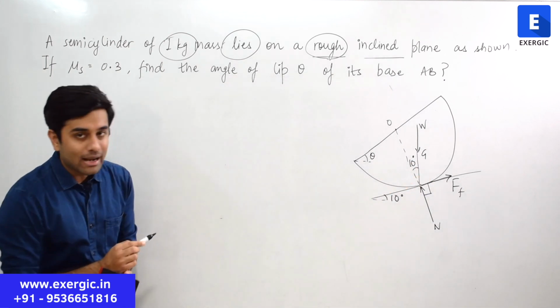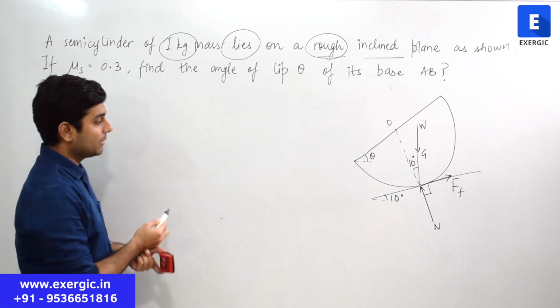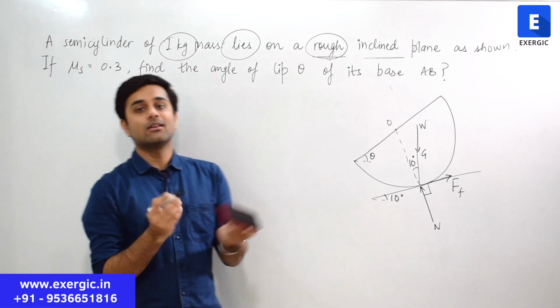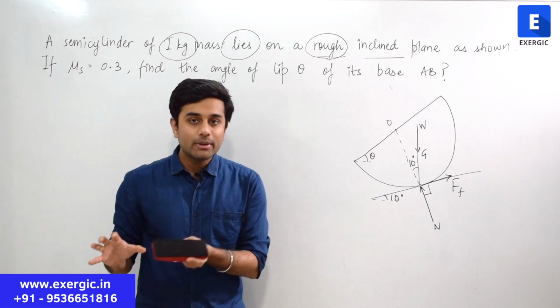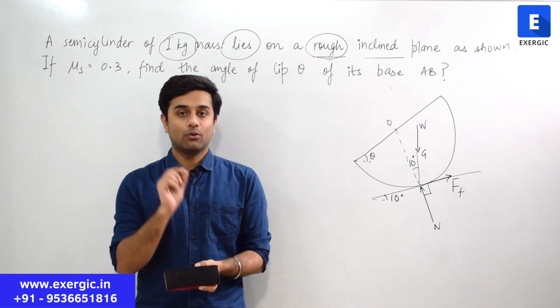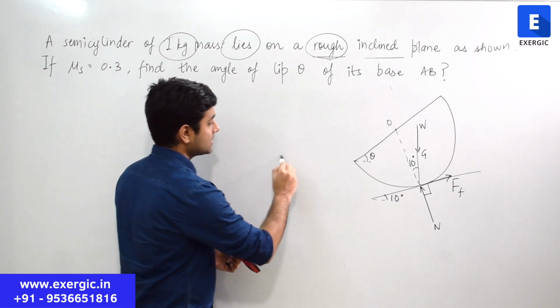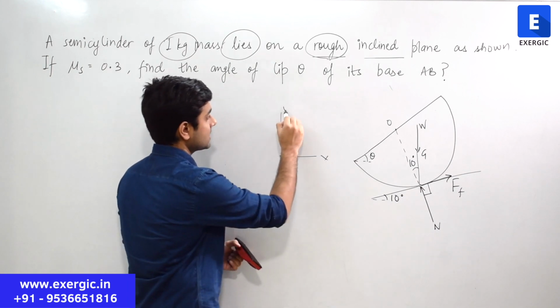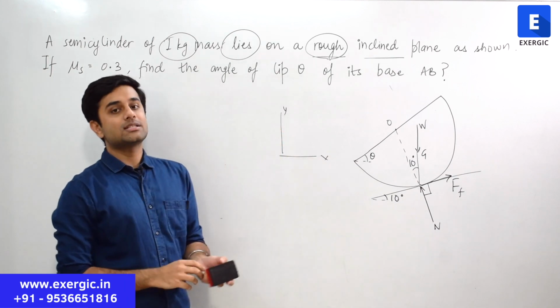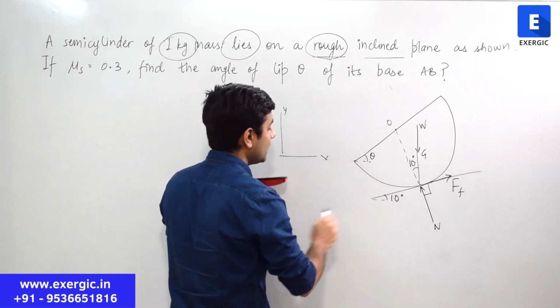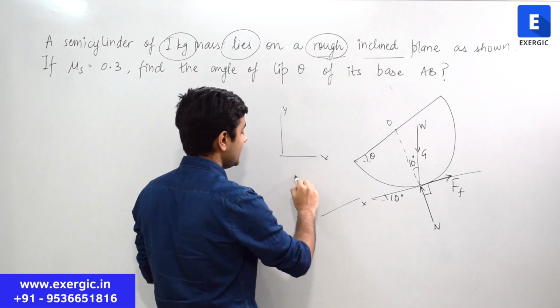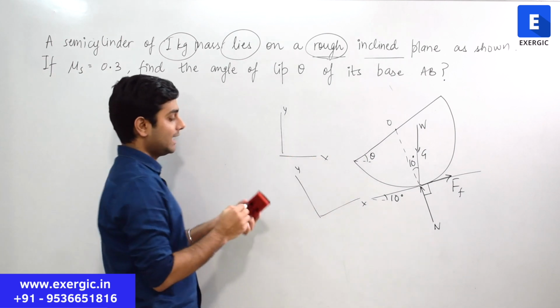Now let us apply the concept of static equilibrium: summation of forces along two perpendicular axes should be equal to 0. Now we can select this axis as x-axis, this axis as y-axis, but it is better to take x-axis along the inclined plane like this and y-axis perpendicular to the inclined plane.